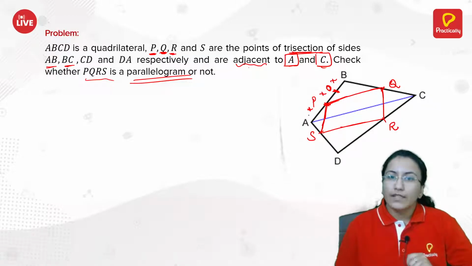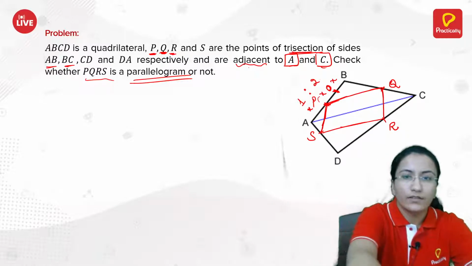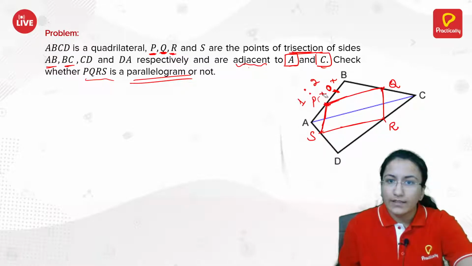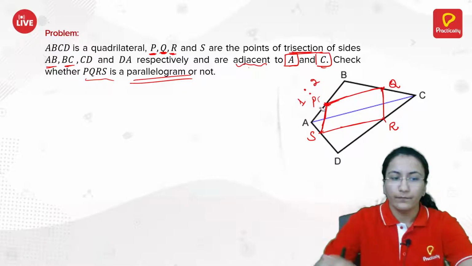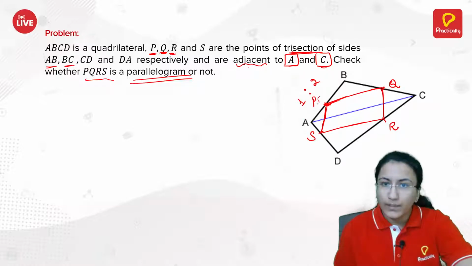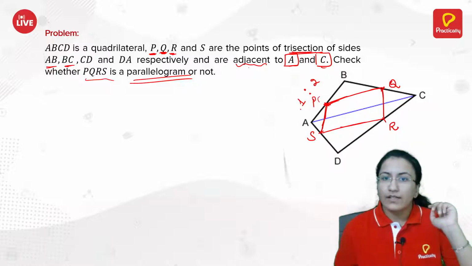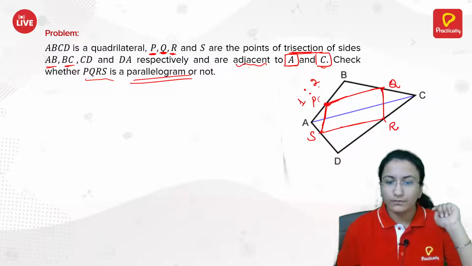That basically means point P divides AB in the ratio 1:2. How 1:2? Now you have this length AP to PB in the ratio 1:2. Are you getting how we got the 1:2 ratio?